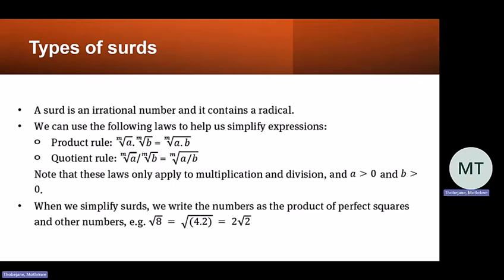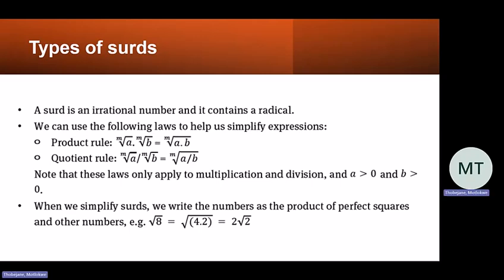We talked more about exponents. Let's talk about surds. As we said, it's a rational number and it contains a radical. These rules are very, very important for you to understand, right?